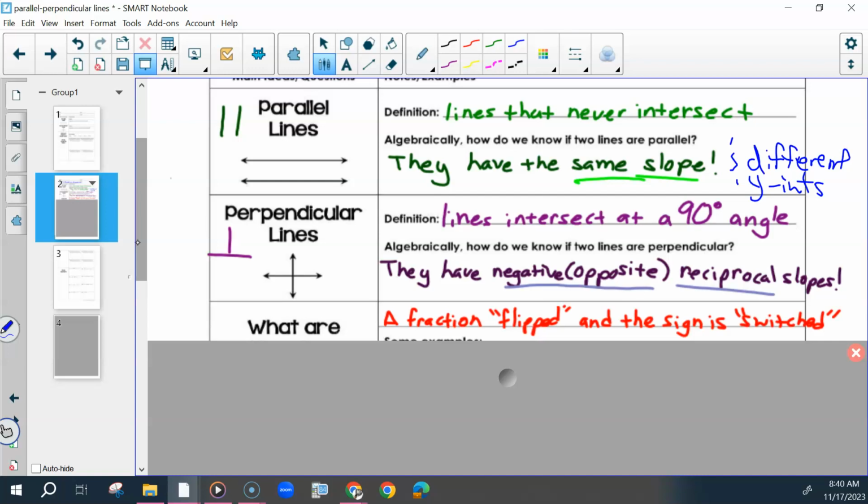So we're going to do some examples of negative reciprocals, and then we're going to find slopes of different points and determine if they're parallel, perpendicular, or neither. Anyone still writing? I'll give you another minute.